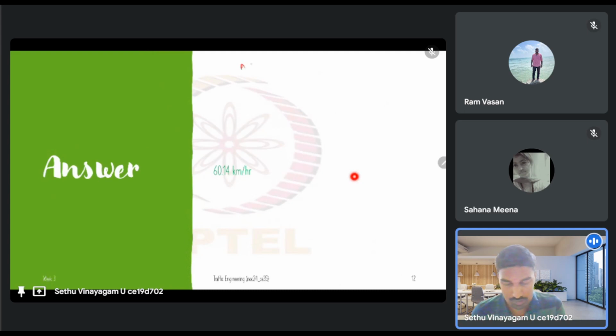So we know traffic state A is at the optimal density, and KB is equal to KJ. We know from the Greenberg's model, V is equal to V0 log of KJ by K. And what is Q?